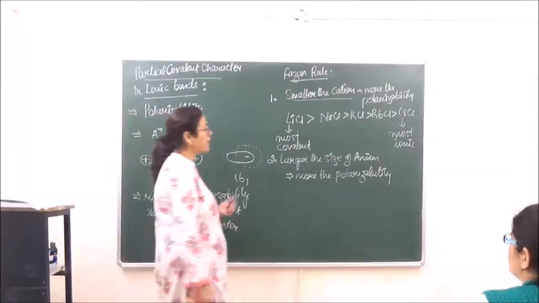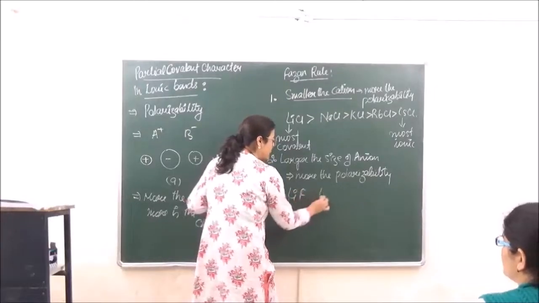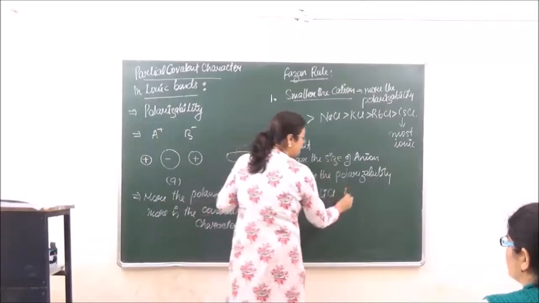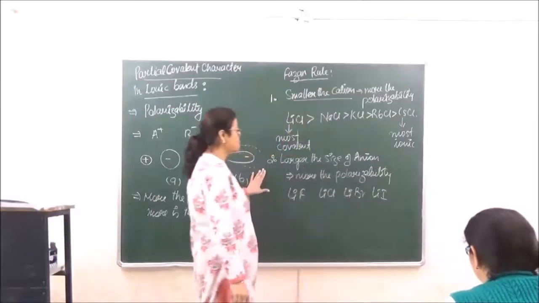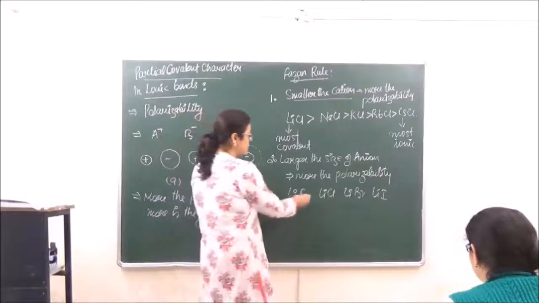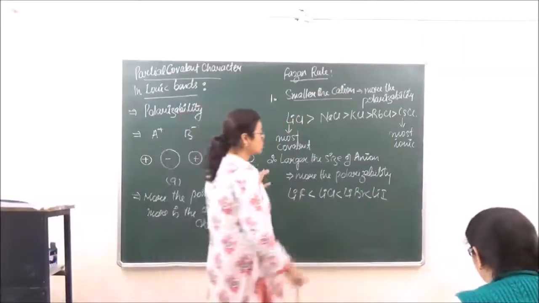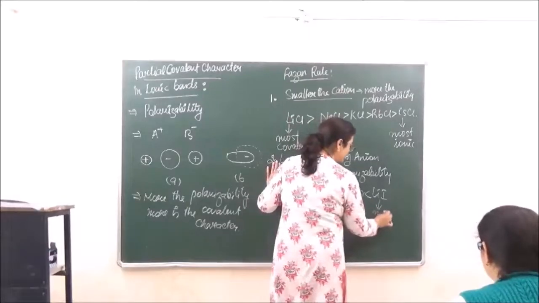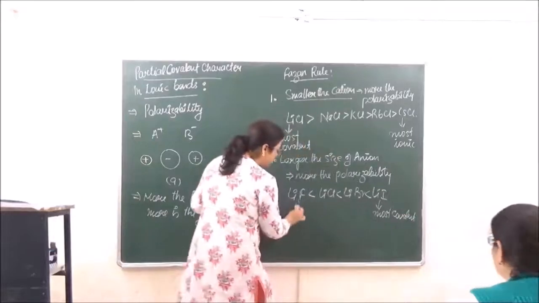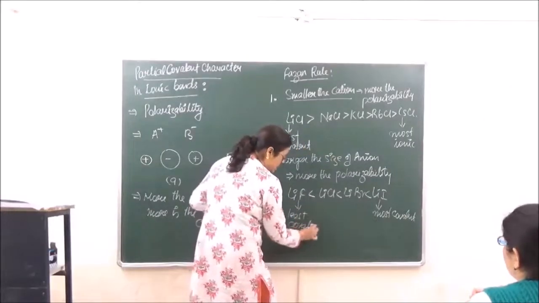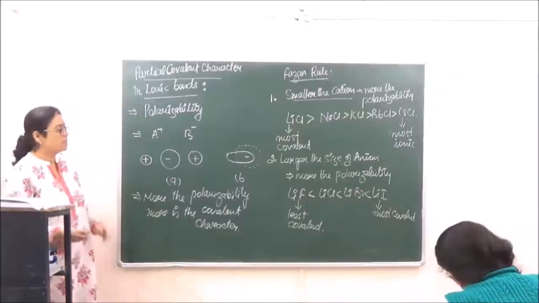So over here again, if we are taking salts of lithium, lithium fluoride, lithium chloride, lithium bromide, and lithium iodide, we are saying the larger the size, the more is the polarizability, so the covalent character will keep on increasing. So this is going to be most covalent and this is going to be least covalent. Okay? Is it clear?